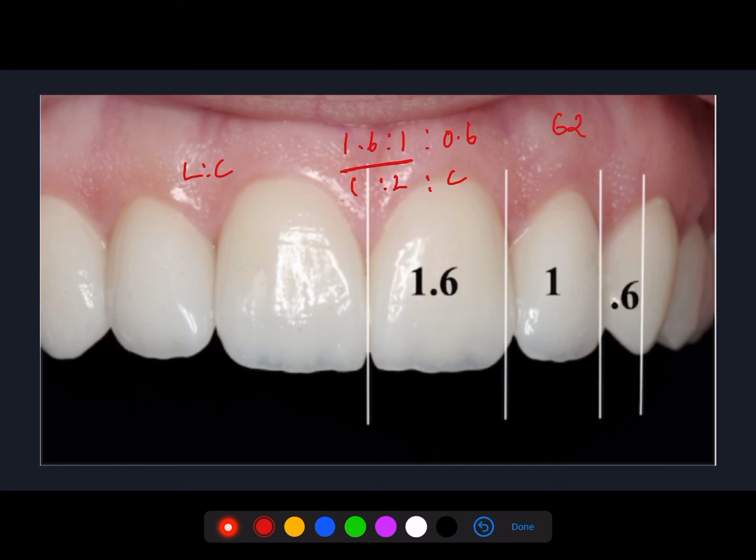The concept says 62%. The mesiodistal dimension of the lateral incisor is 62% of the central incisor. The mesiodistal dimension of the canine is 62% of the lateral. This is basically what you see from the frontal side, from the midline view. This is how much of the tooth structure you are going to see. This is called the golden proportion.